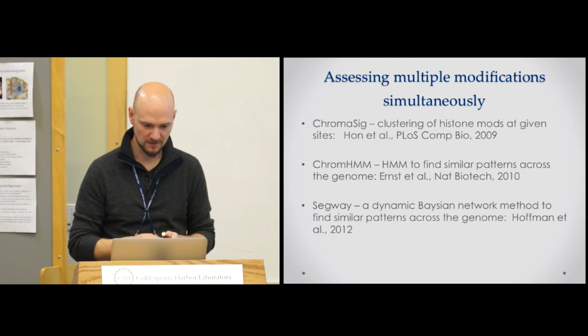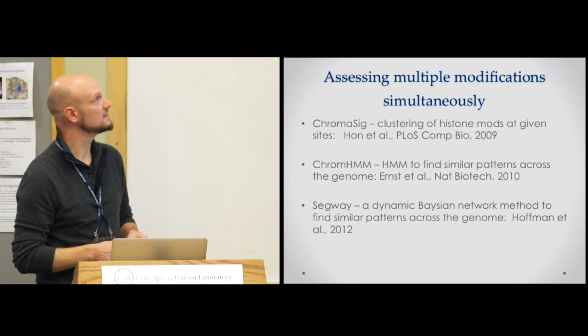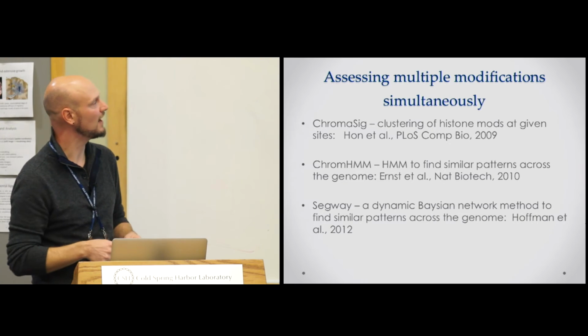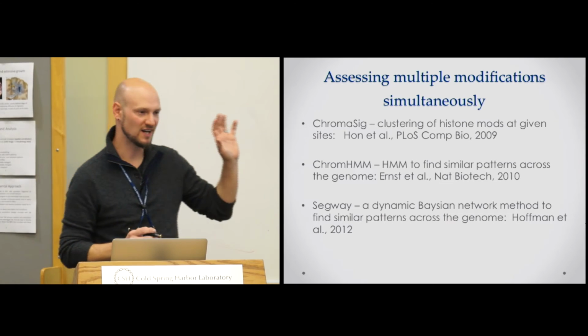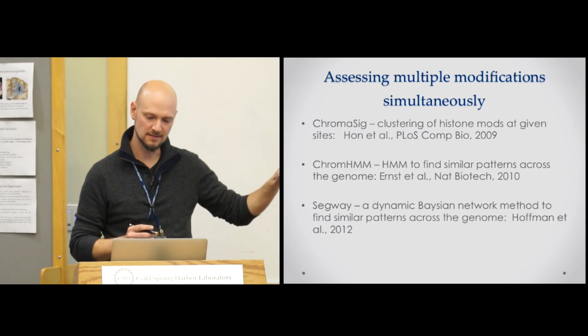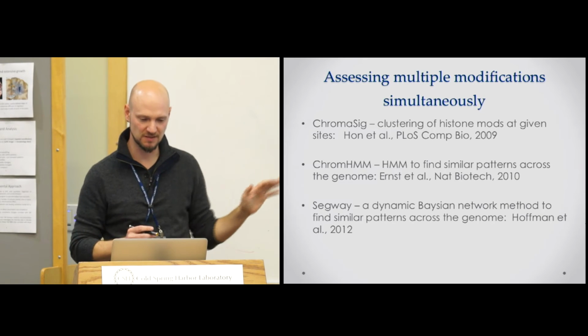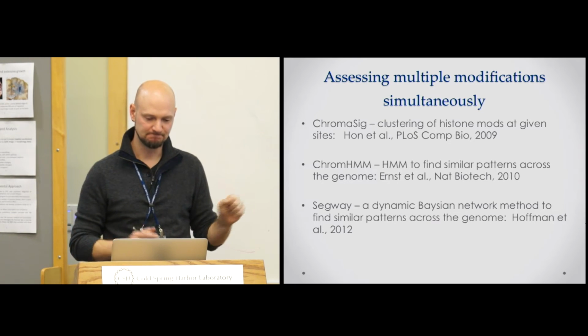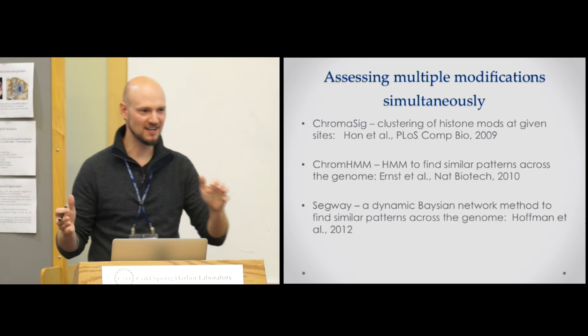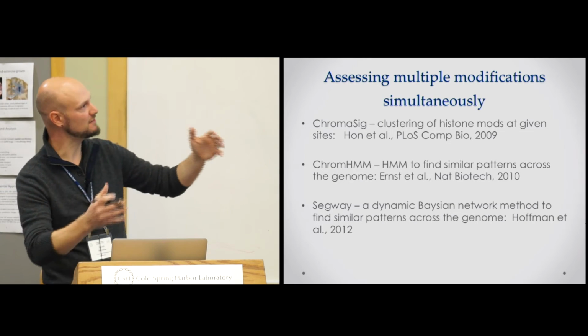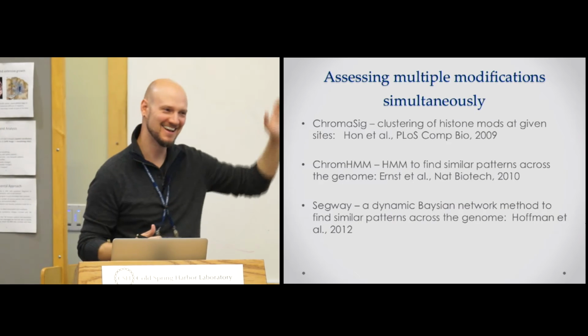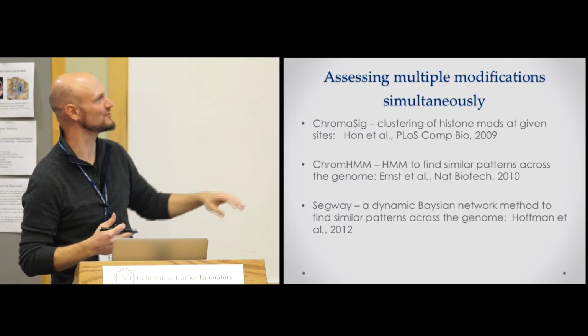All right, so I added this on really just to give you an idea that these tools are out there. I'm not really going to go through them in great detail, but let's say you're not just interested in enhancers. Why, I don't know. But maybe, hey, I built ChIP-seq maps for 30 histone modifications.